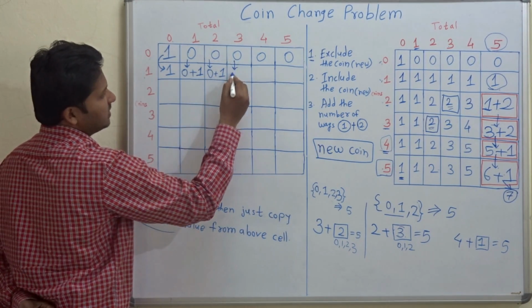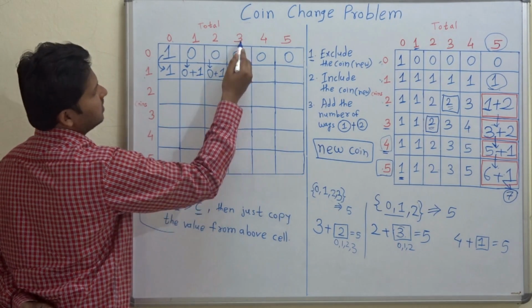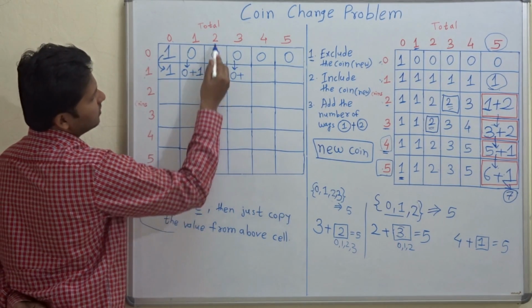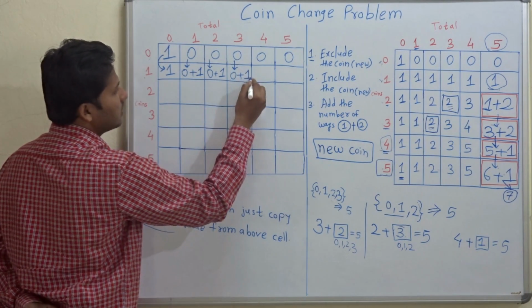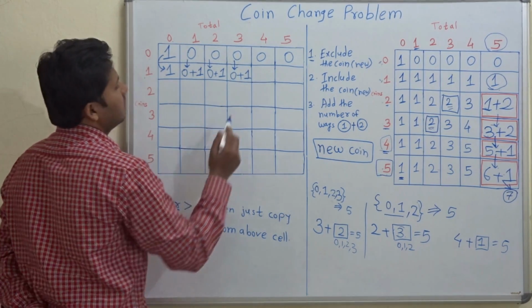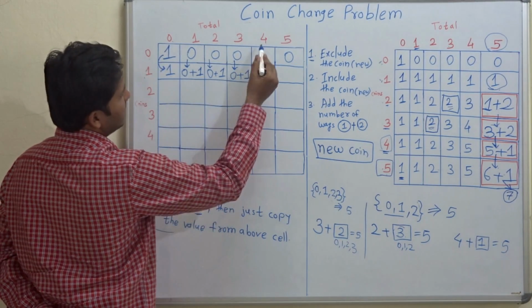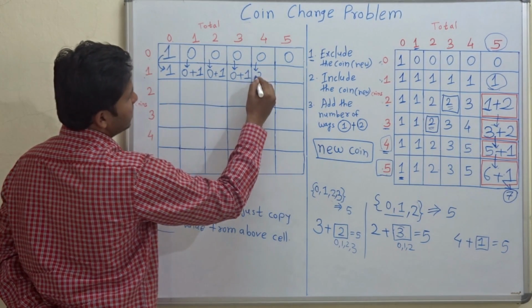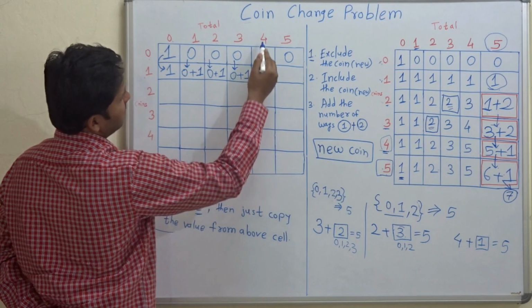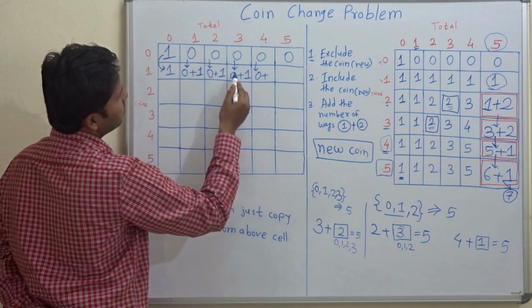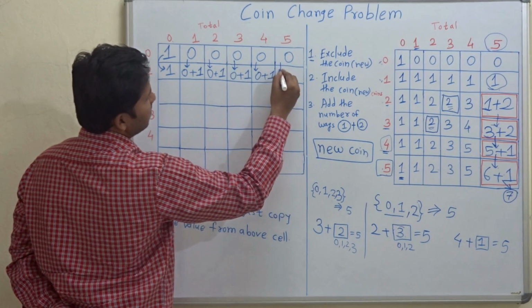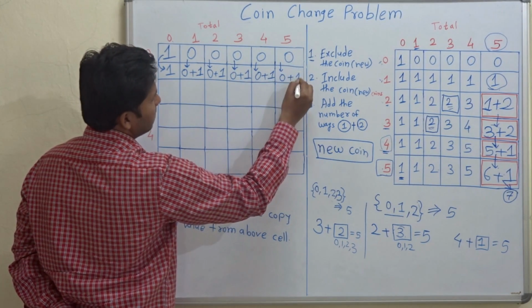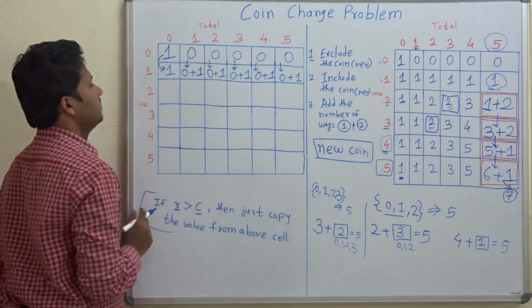Again copy this 0 plus 3 minus 1 is 2. So in the same row, go to the second column, is 1. Now again this 0 is copied, plus 4 minus 1 is 3, go to the third column, so that is 1. 0 plus 1 is 1. And similarly here 0 plus the fourth column is 1.